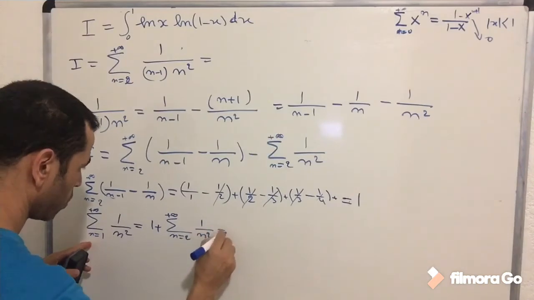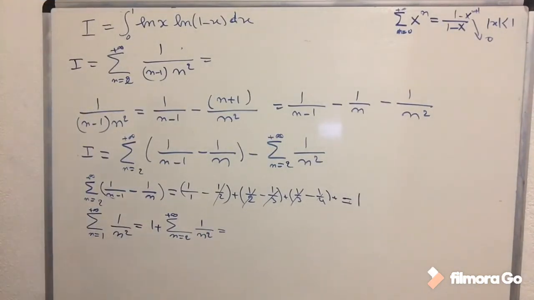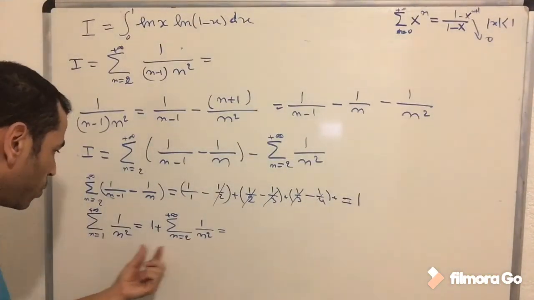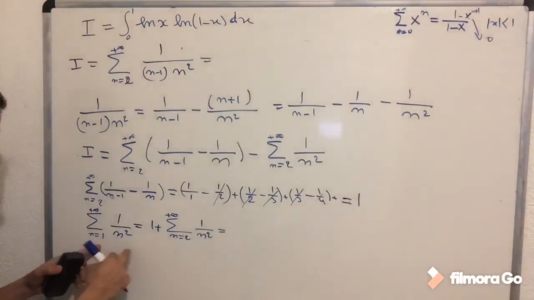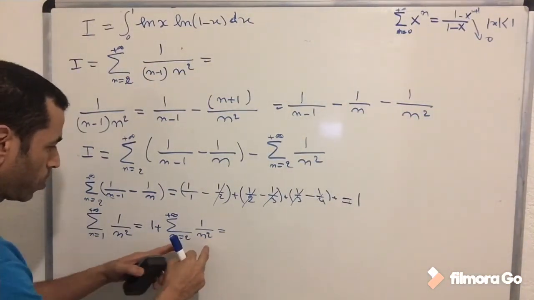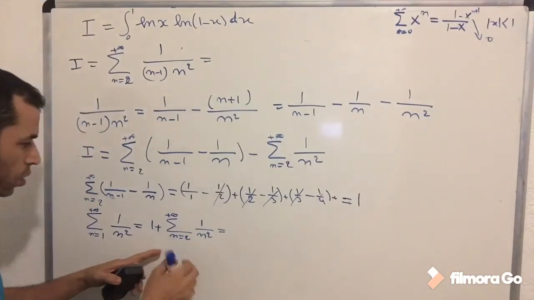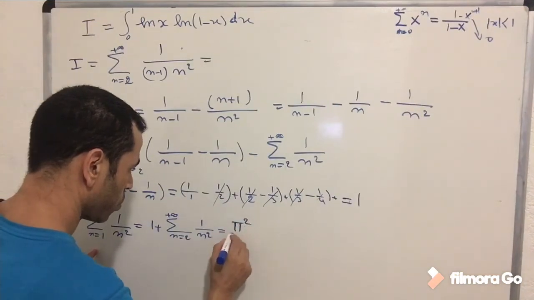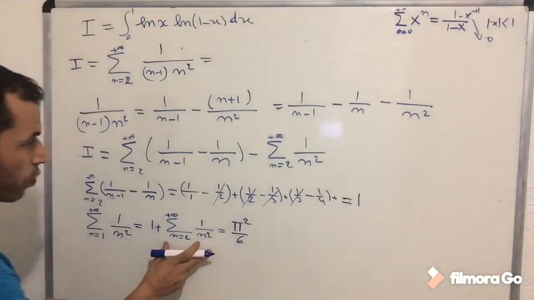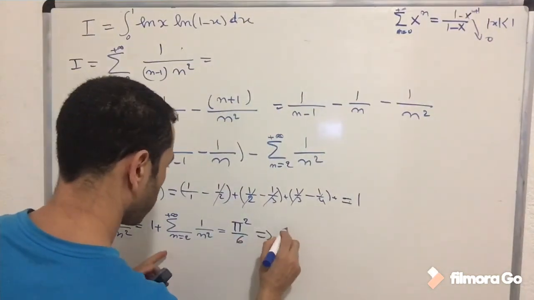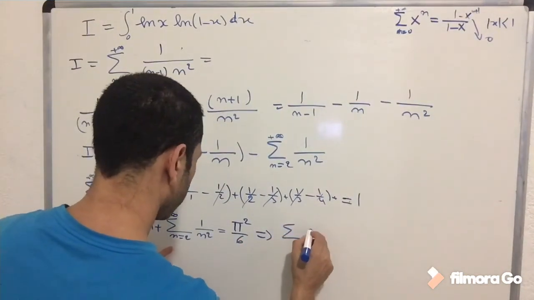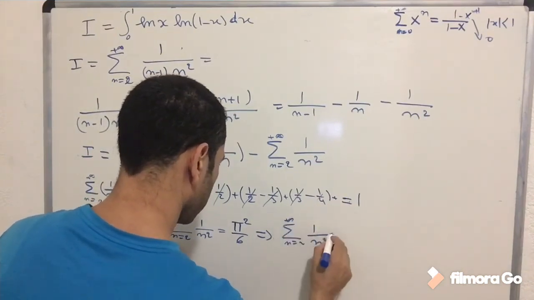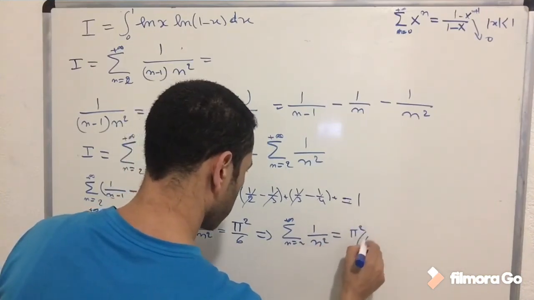We skip the term for 1 because it equals 1: if you put 1 inside 1 over n squared, it becomes 1 plus this one. So what is this? We already know this one is pi squared over 6. So we are looking for this one, right? The sum of 1 over n squared from 2 to infinity equals pi squared over 6 minus 1.